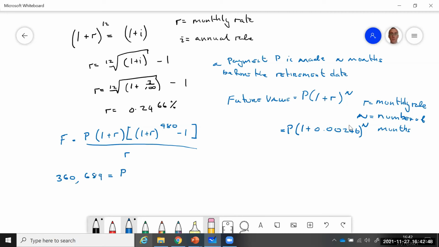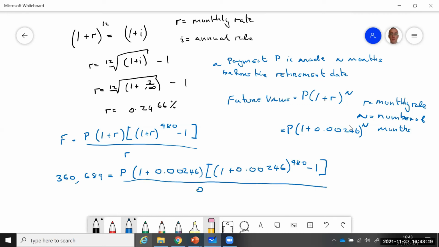And how much money does he have to invest? Well, that's P euro, and the monthly rate we said was 0.00246. These are quite computation heavy, so there's no point going lightly on that: (1.00246^480 minus 1) all over 0.00246. So the only unknown there is P.